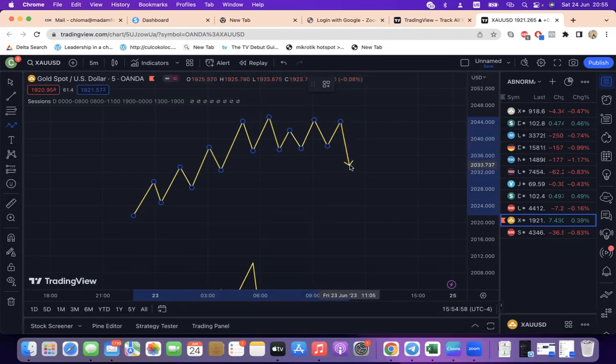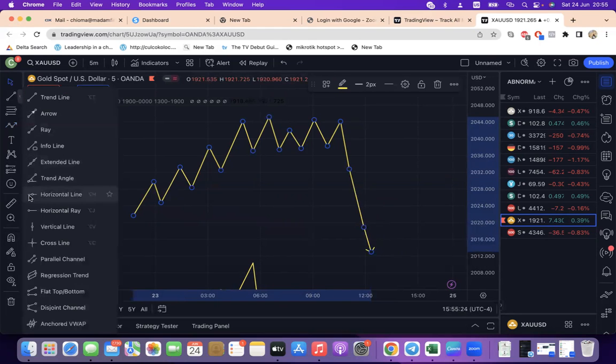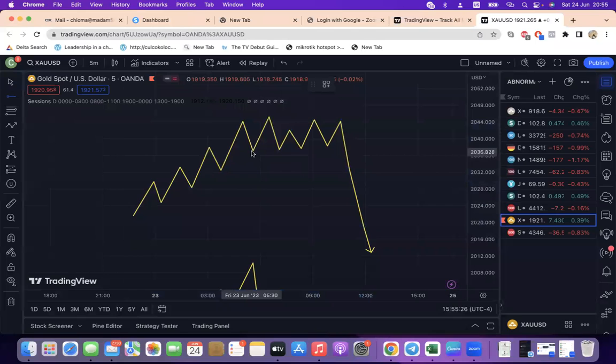Until it does this. And even if it breaks this one, that is not your change of character, because this was not the highest. You have to look for the starting point that pushed it to the highest. That is where you have your change of character here. All right? That is your change of character. Hold up. Now I'm just going to use lines to demonstrate. There's a line here.